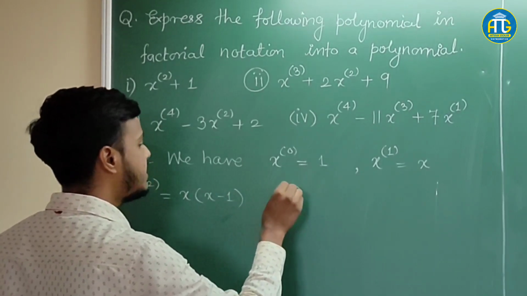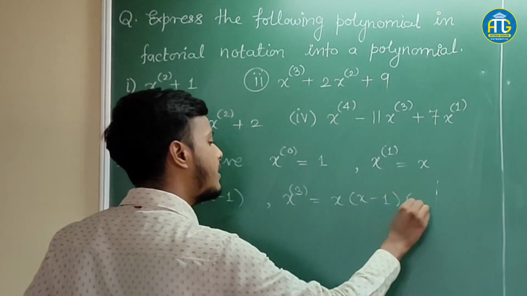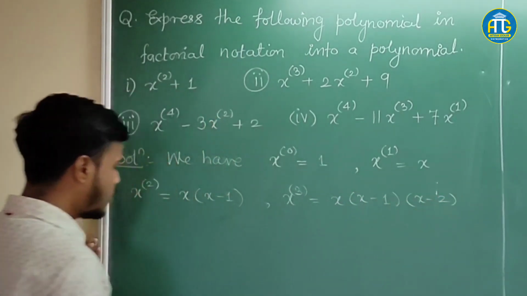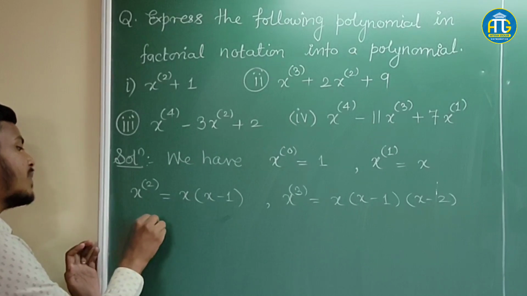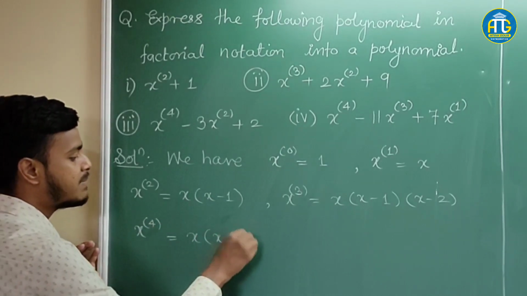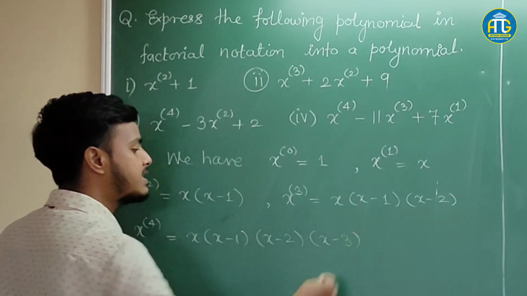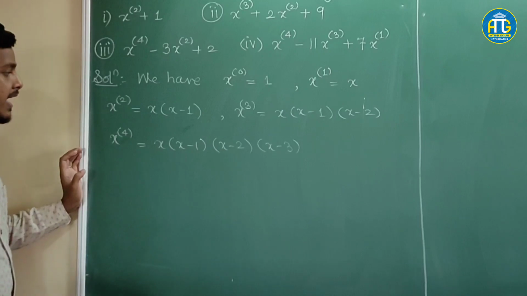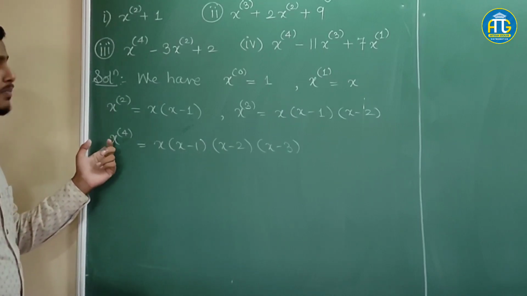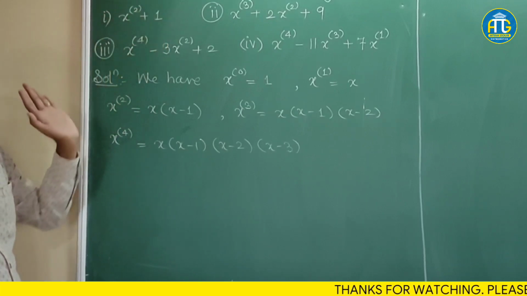X to the power 3 factorial is x into x minus 1 into x minus 2. And x raised to the power 4 factorial is x into x minus 1 into x minus 2 into x minus 3. For the time being, I am writing up to x raised to the power 4 factorial because that is the requirement of this problem.